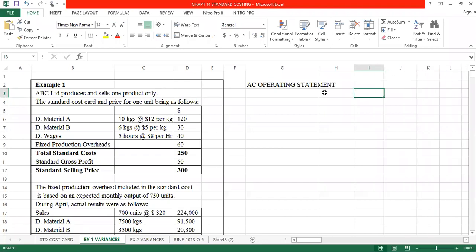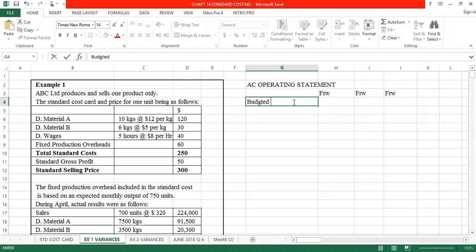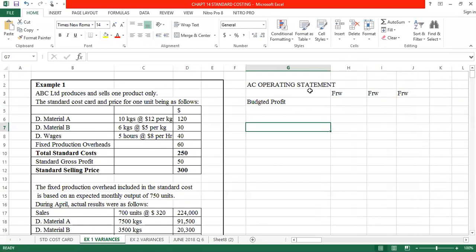You all know that in our statement, we are assuming everything is in Rwandese francs. What did we say you start with? You start with budgeted profit. Take note of what I'm doing carefully. You can see the budgeted profit in the question.